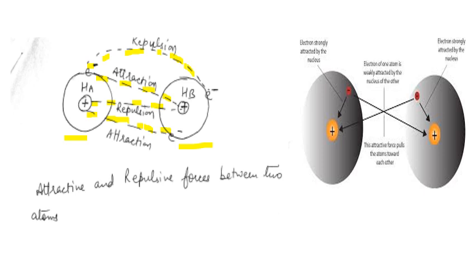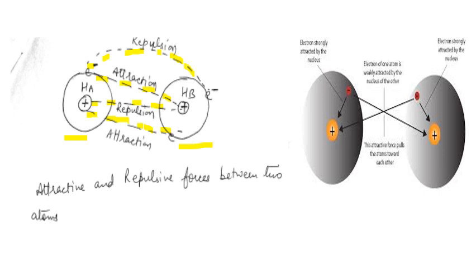So when they come close to one another, the attractive force becomes dominant over the repulsive force. At that distance, the energy is minimized and the bond formation takes place.